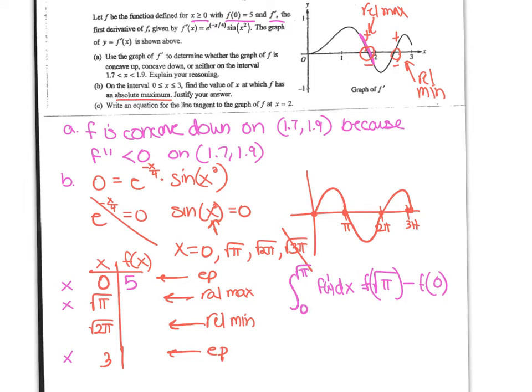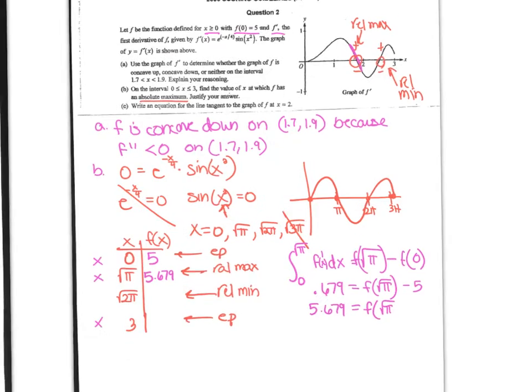We're going to use our calculator to calculate that integral, and that is going to give us 0.679 equals the function value at square root of pi minus the function value at 0, which is 5. So that's how we get our function value at pi. It's 5.679. So clearly we can see right away that that is higher than 0.5, okay?